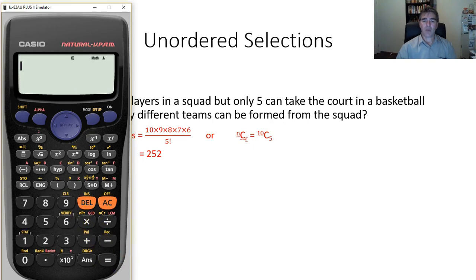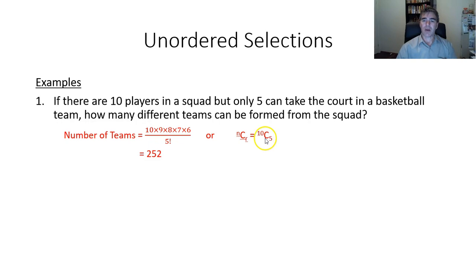So if the order was important, I'm emphasizing the P, I would use nPr. But because I couldn't care less about the order, I'm emphasizing the C for combination, I'm using my nCr. So that's just a way of helping us to remember whether it's a permutation or a combination.